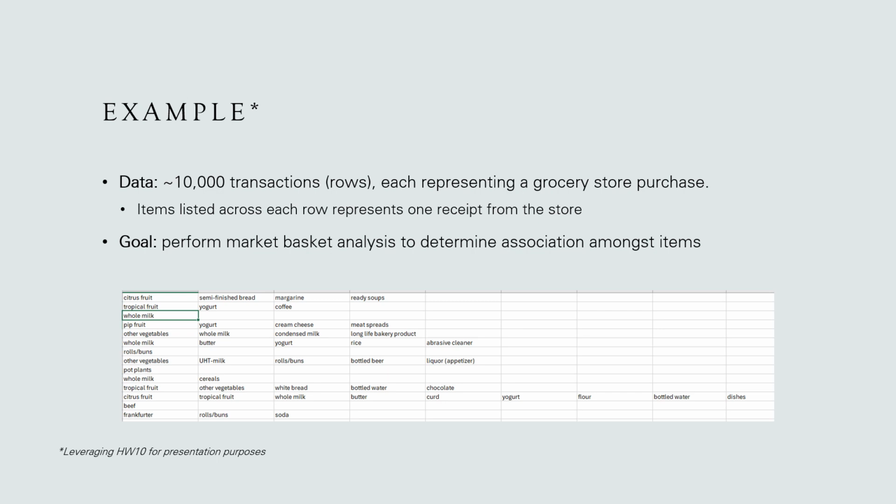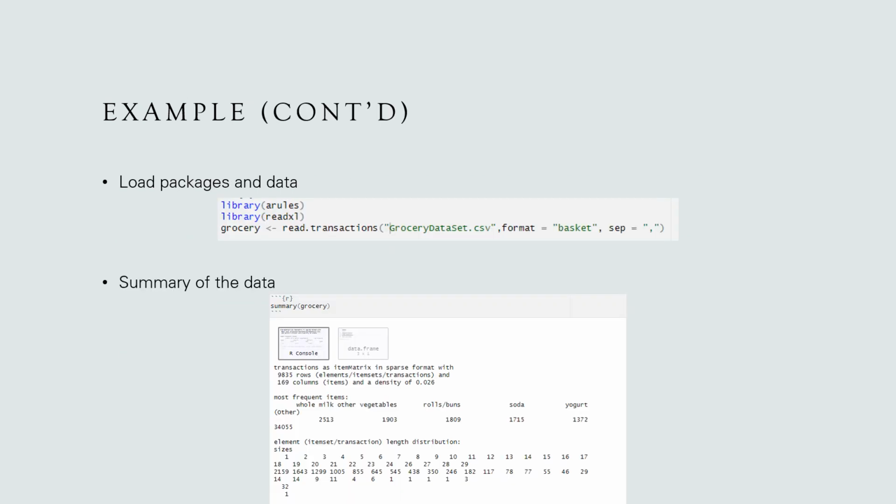Pretty straightforward, I think, but it gives good information. So yeah, as I mentioned, it's just snippets of code. The output of the summary of the data shows you there's 9,835 purchases for 169 different items, and it'll give you the top 5 most frequent items, individualized when purchased by themselves, let's just say.